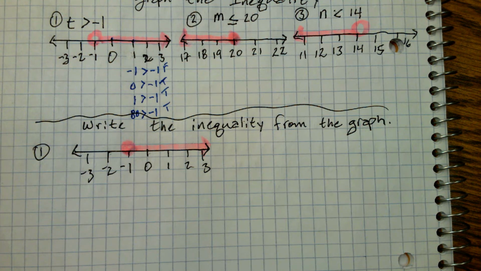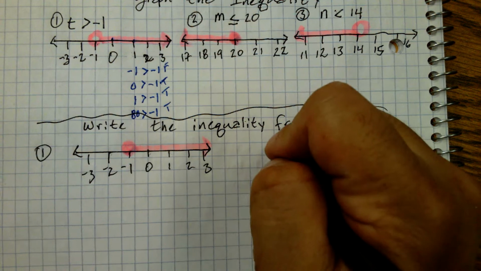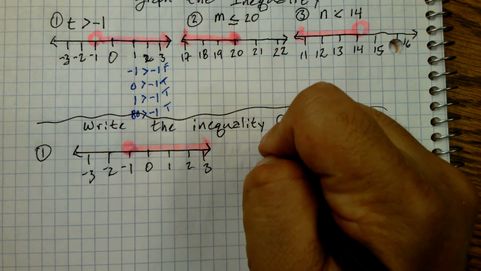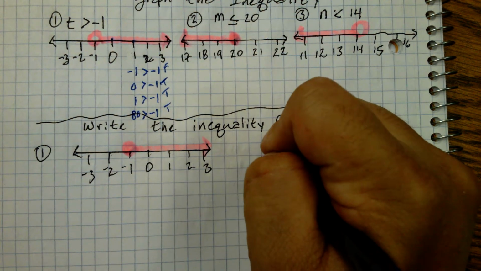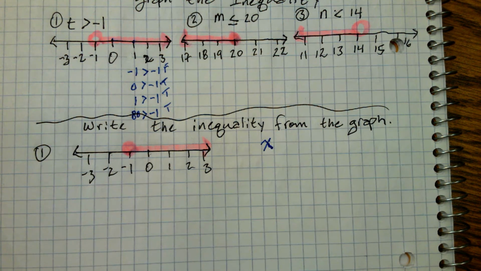So we're going to write the inequality. So let's say we have x as our variable. And let's go back at the ones we've already done. X is blank to -1.